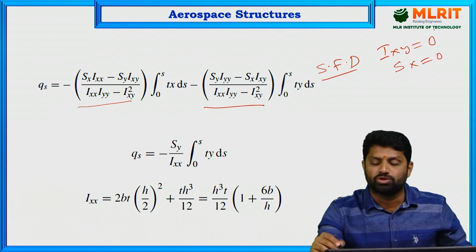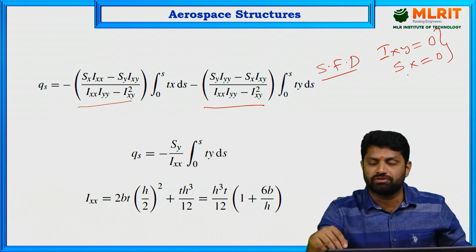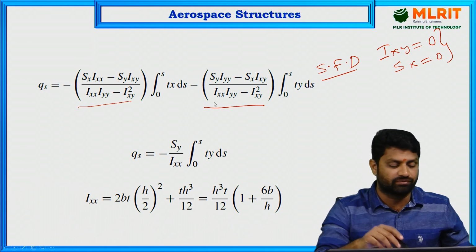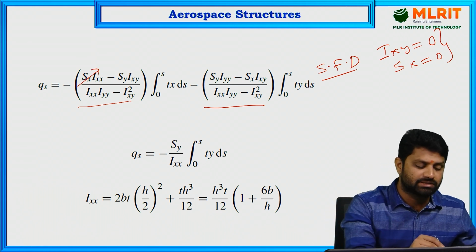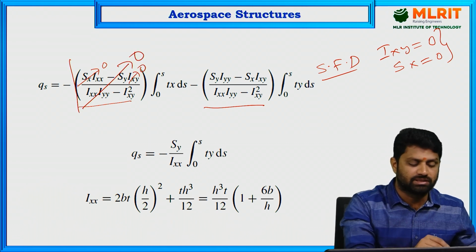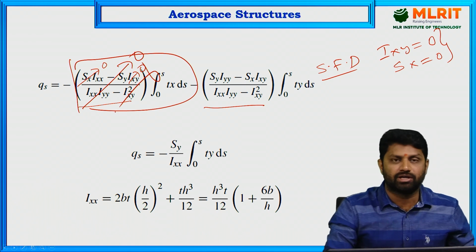Okay, so by substituting Sx equal to 0 and Ixy equal to 0 into this formula, the first numerator completely goes to 0, so this entire term becomes 0.